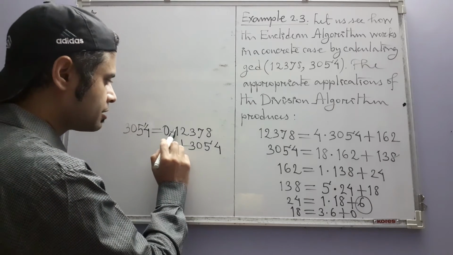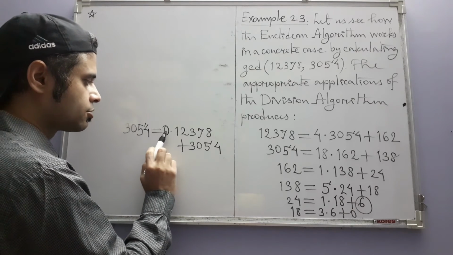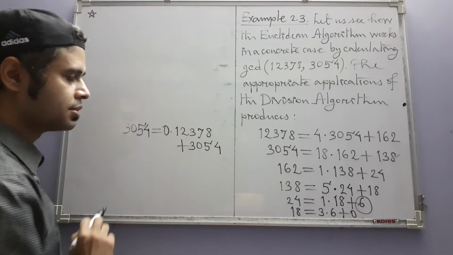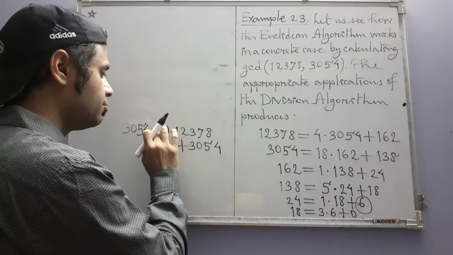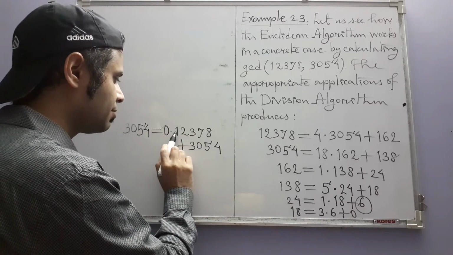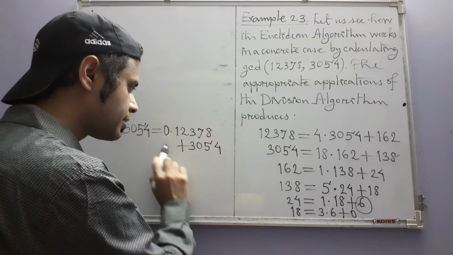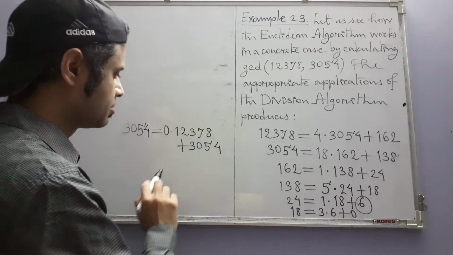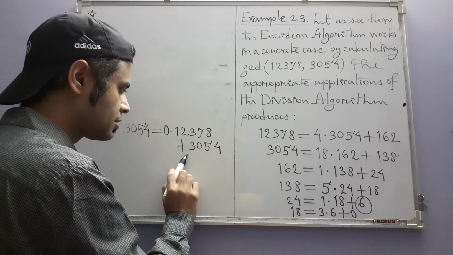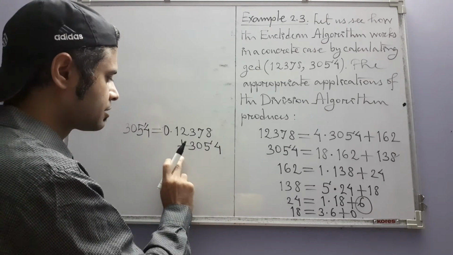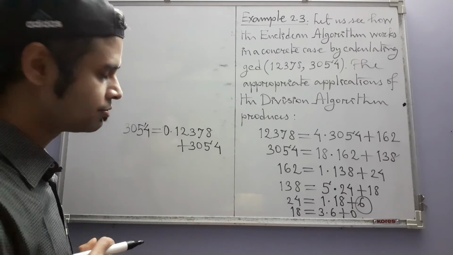You see, because this number by which you are dividing is greater than this, so if here you don't have 0, if you have something positive, then this will either stay the same or it will increase. In order to get this number from that much larger number, you have to subtract, not add. Or in other words, you have to add a negative number, and remainders by definition are not negative.